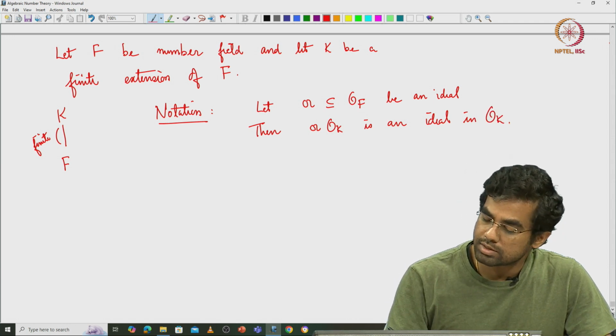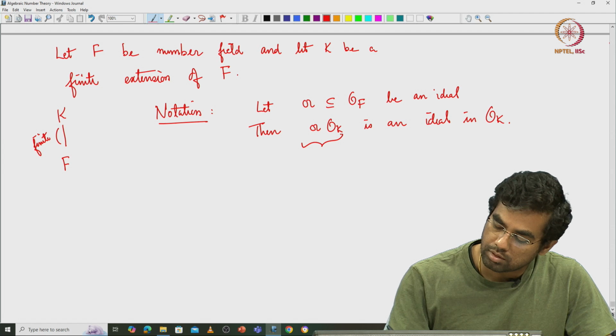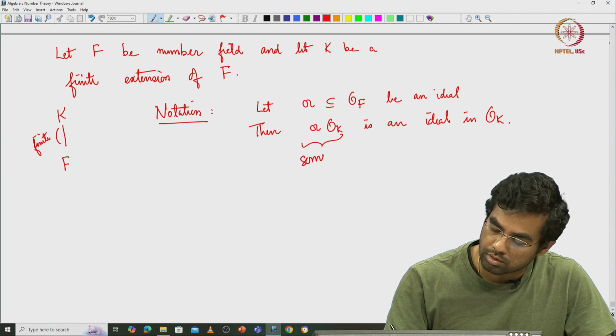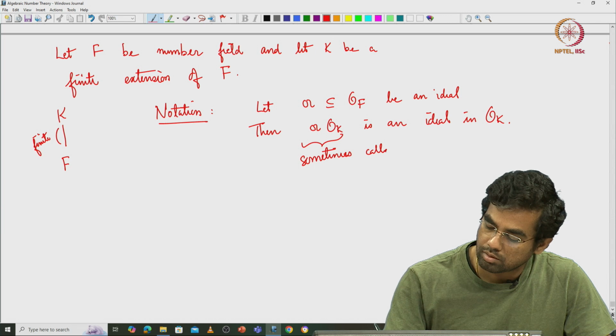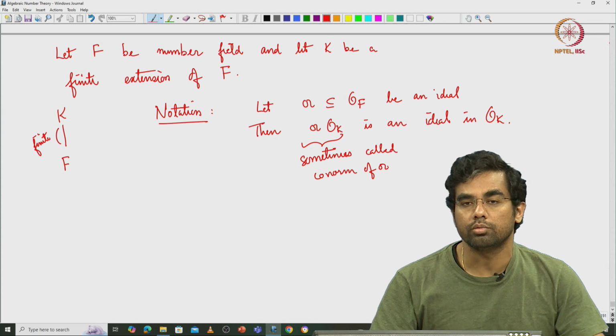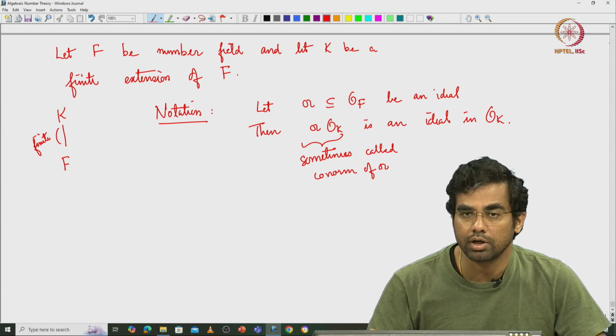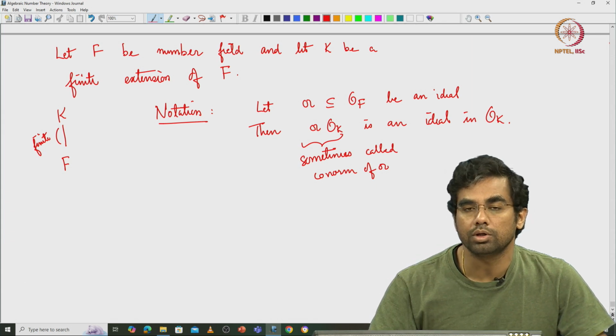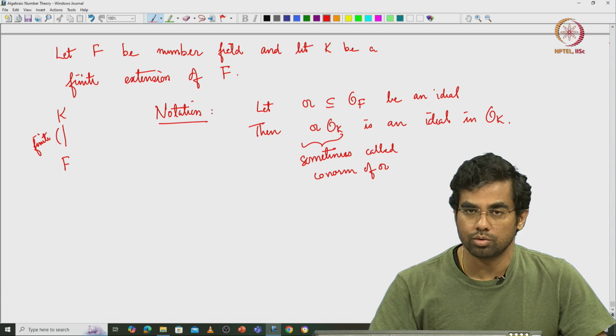So, this is what is sometimes called the co-norm of A. Okay. So, co-norm in this relative extension K over F, but I am simply going to denote it as AOK.